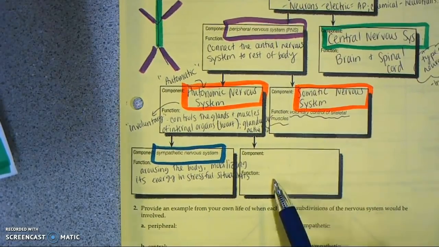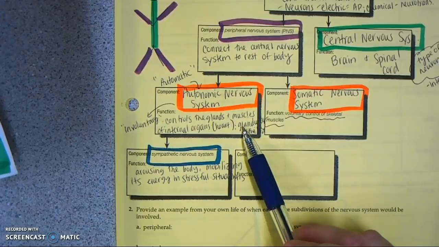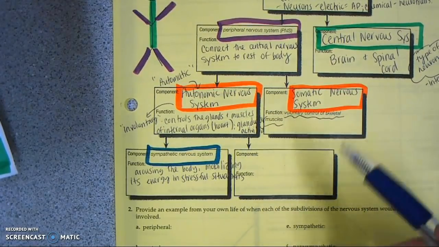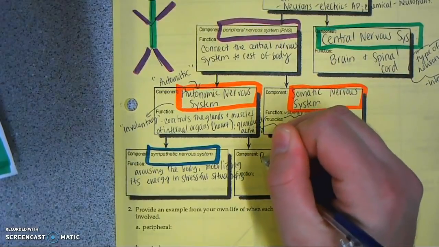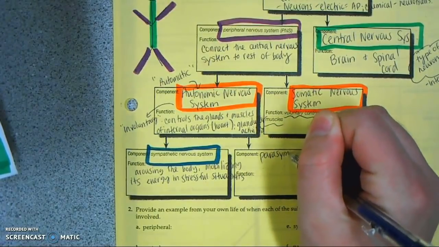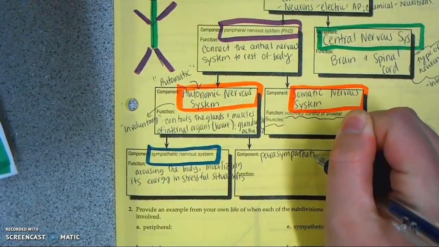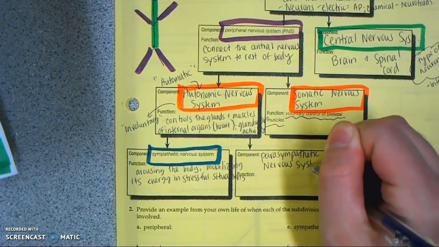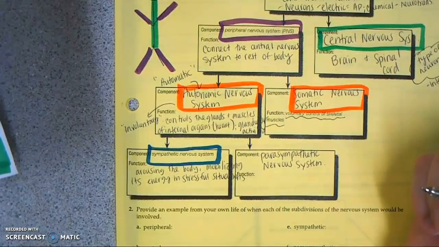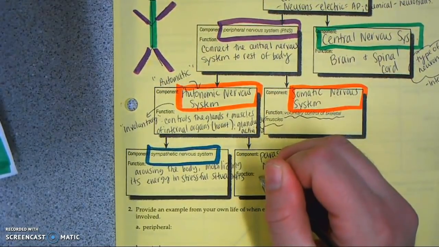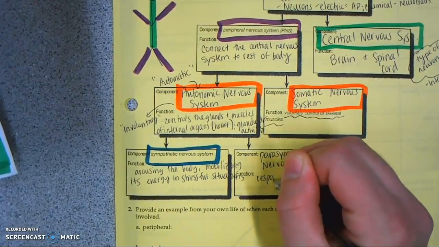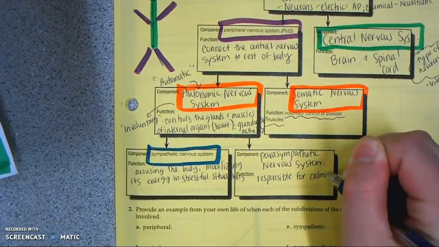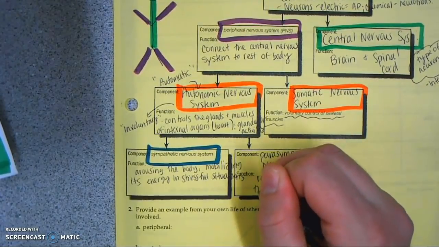The parasympathetic nervous system is part of the autonomic nervous system that is responsible for calming the body down. So we'll put parasympathetic nervous system, and it's responsible for calming the body.